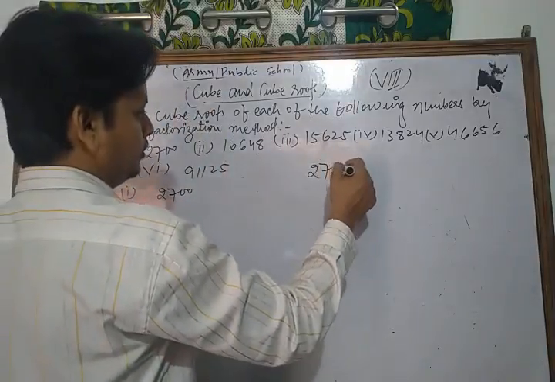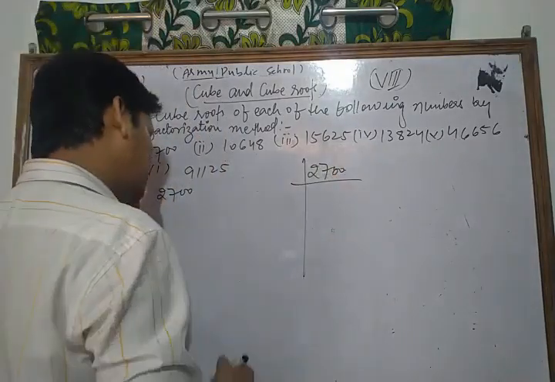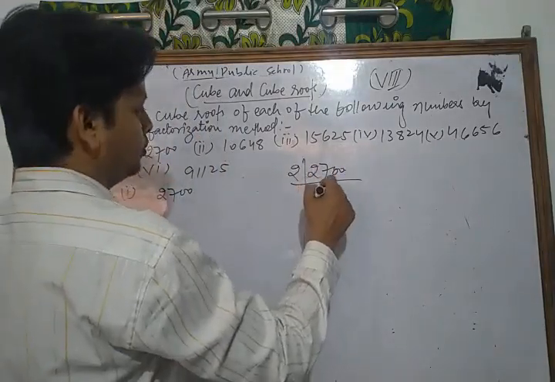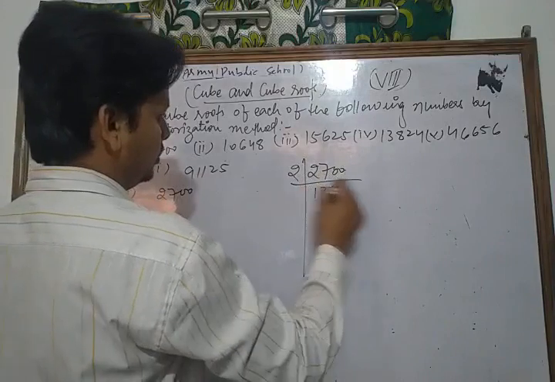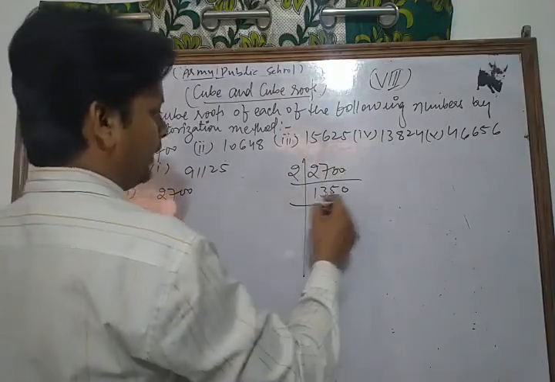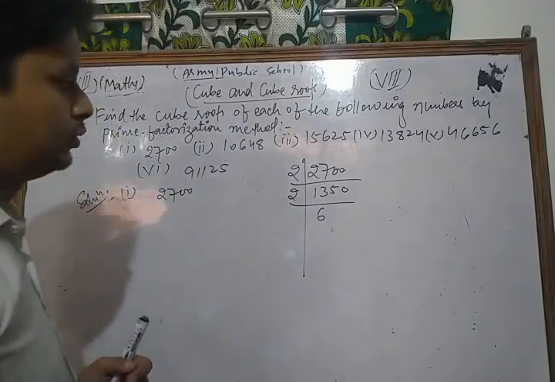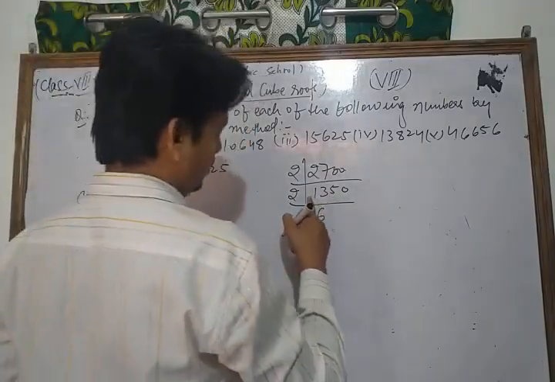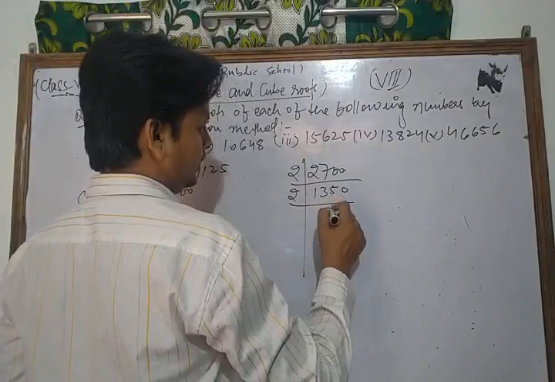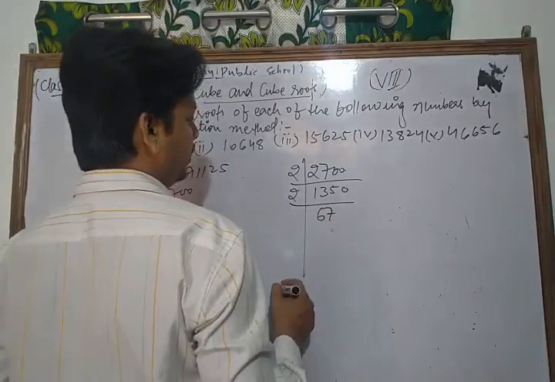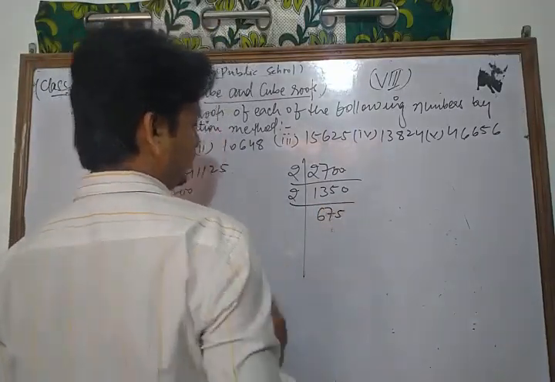We split it by 2: 2 1 2, 2 3 6, 2 5 10, 0. Now again by 2.